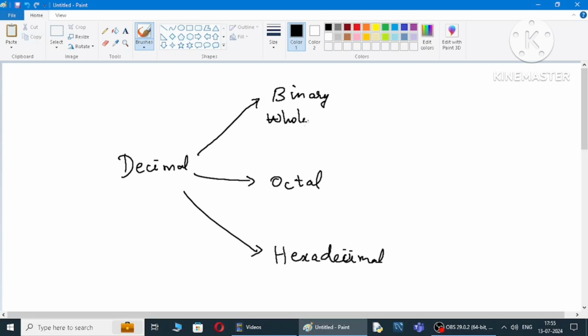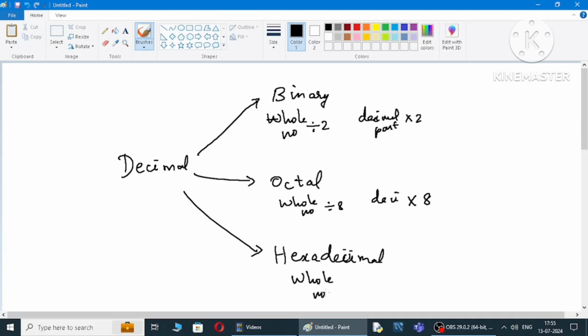Whole number part divided by 2, decimal part multiplied by 2. Here the whole number part divided by 8 and the decimal part multiplied by 8. Here the whole number part divided by 16 and the decimal part multiplied by 16. So this is how you convert decimal number to all 3 number systems.